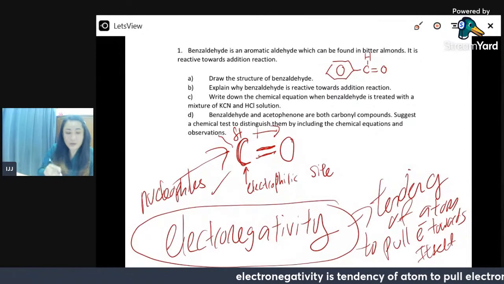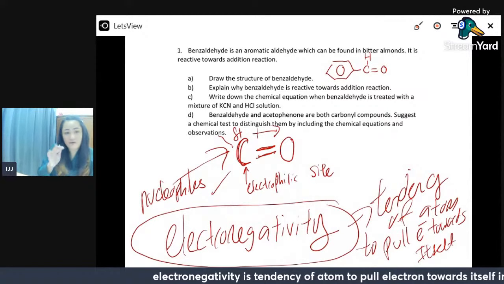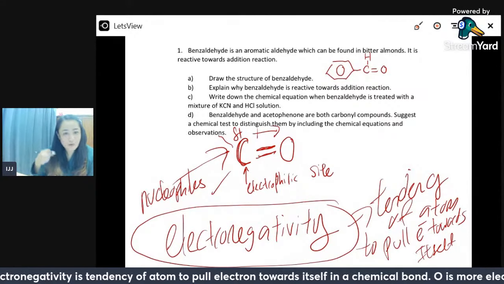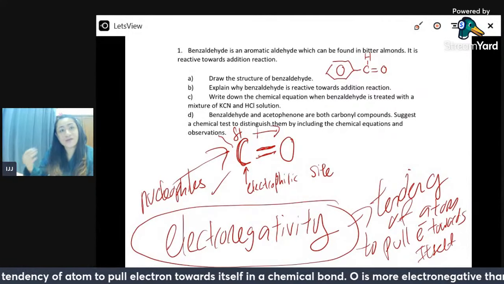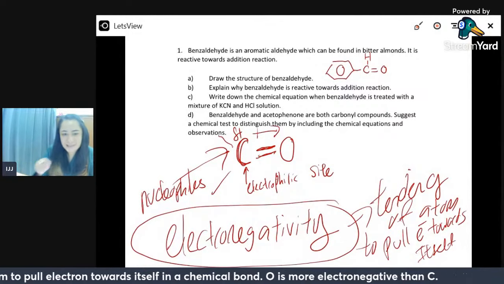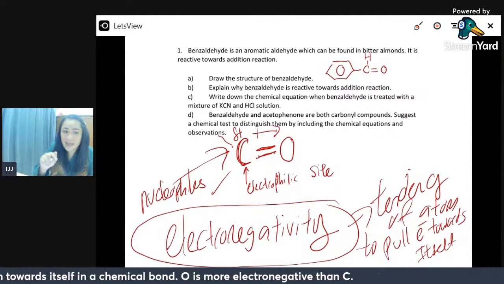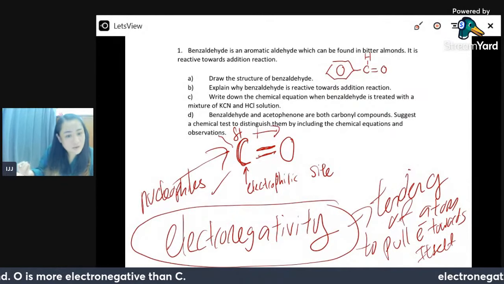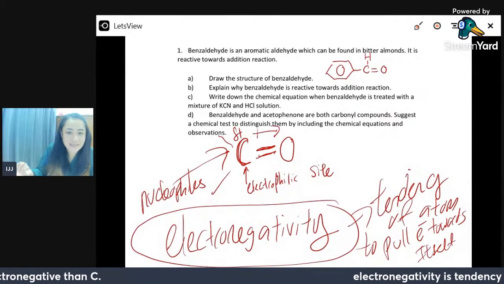So bila dia attack by nucleophiles, dia form bond. That's why in carbonyl group, it has more tendency towards nucleophilic addition. Sebab carbon tu kena attack by nucleophiles, so dia punya reaction mostly nucleophilic addition reaction.